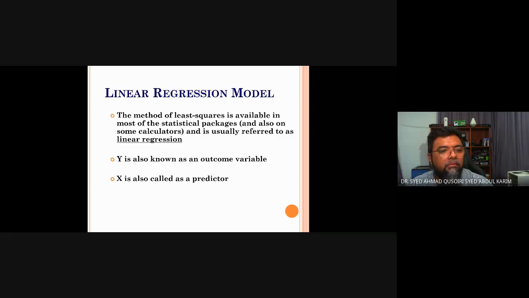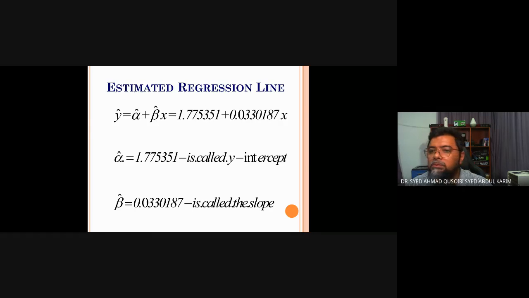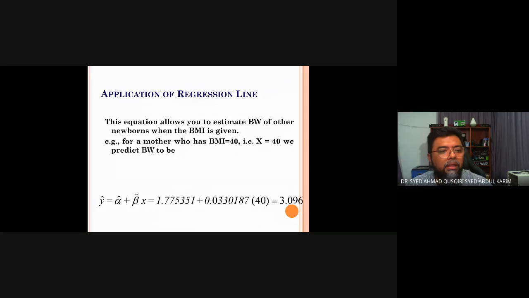And then we have the linear regression model, and application of regression line. All this will help you in preparing an equation for your observation.